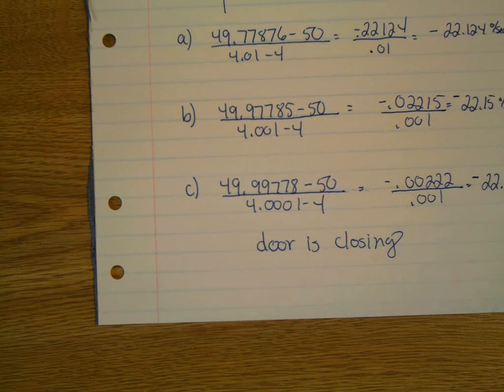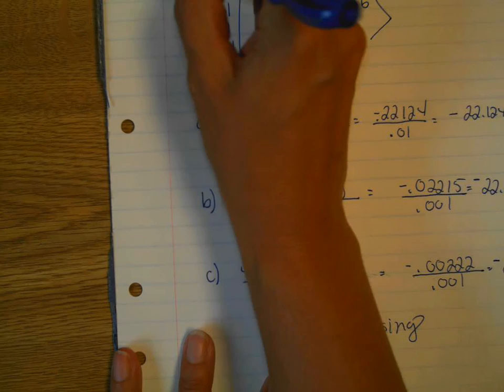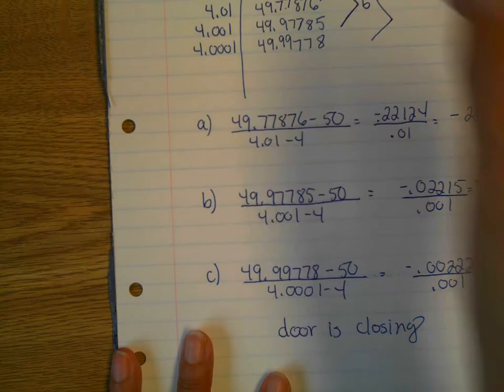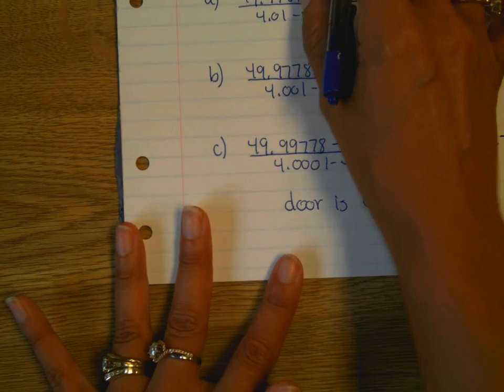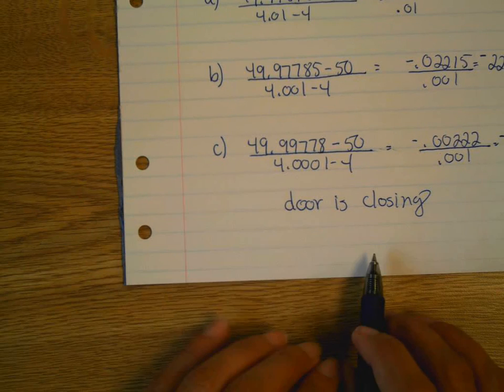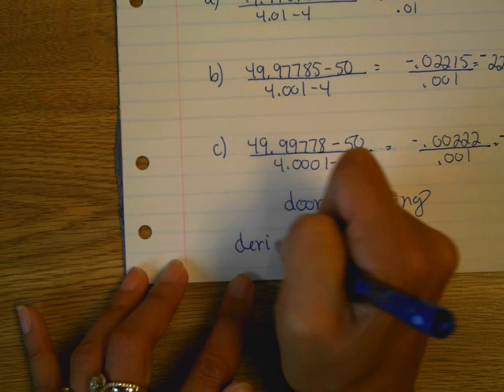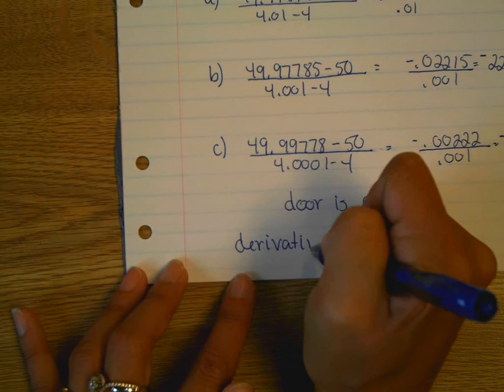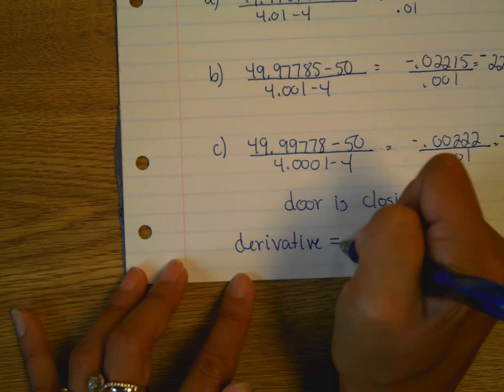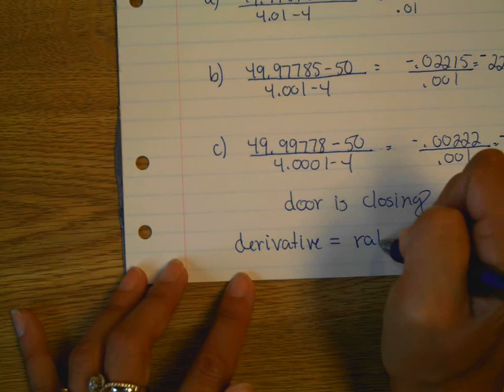Okay, so what did I want you to get out of today? I wanted you to be able to find an average rate of change, and I want you to be able to tie that back to the question, how fast, and that rate of change is tied to derivative in calculus. So derivative equates to rate of change.